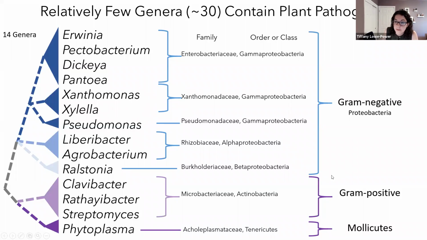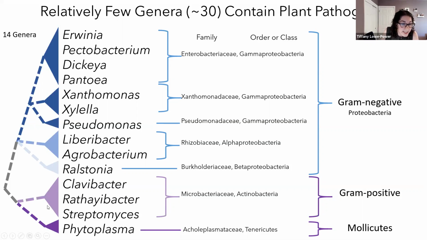But right here we can see that most bacterial plant pathogens are gram negative, although there are some gram positives that have that thicker peptidoglycan layer. And we're not going to talk too much about the mollicutes, but they are very fun weirdos. They actually lack a cell wall.